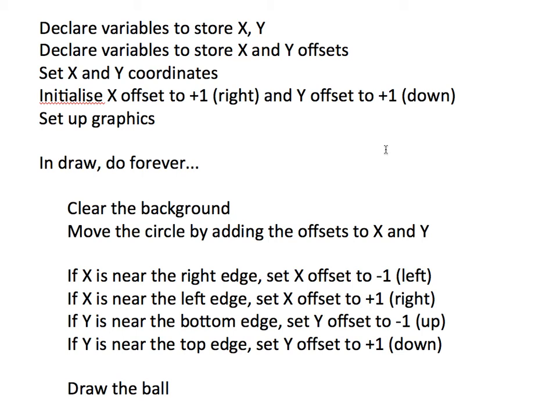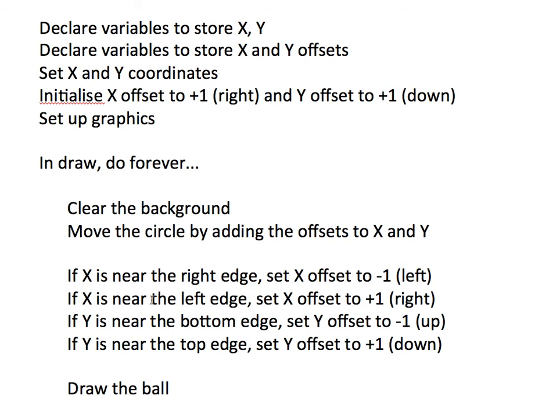Then we have to do the collision detection. The collision detection is basically 4 if statements, each of which corresponds to one of the boundaries of the canvas. If x is near the right-hand edge of the canvas, then in order to reverse the direction of the ball, we simply set the x offset to -1, which means move the ball to the left.